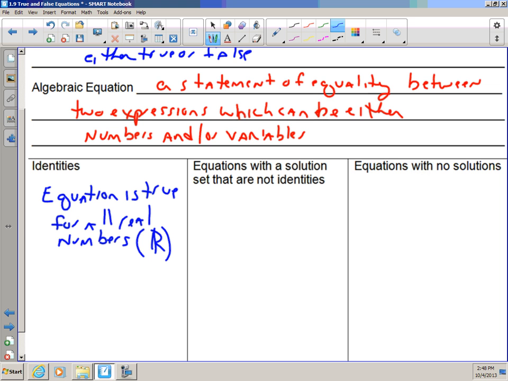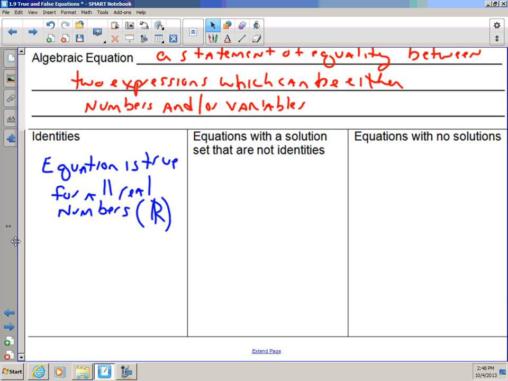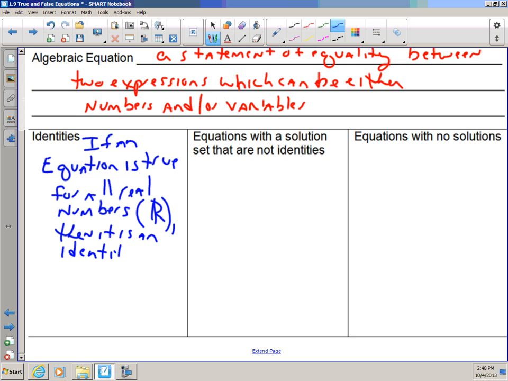Sorry, it doesn't look the greatest, but that's the symbol for all real numbers. And I should put up here, if an equation is true for all real numbers R, then it is an identity. So, you actually saw this above, but a very simple example is 4x plus 2x is equal to 6x.